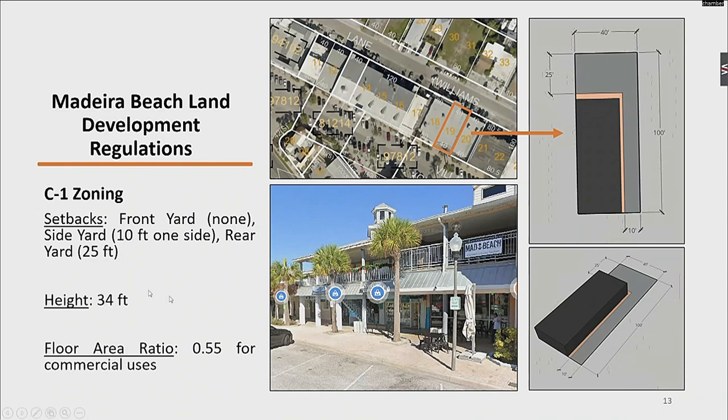The max height is 34 feet. In our Code of Ordinances, we measure the height from base flood elevation plus freeboard, which is called design flood elevation. That might be hard to grasp, so the easiest way to think of this is the second floor, where the second floor begins. That's where we really begin measuring that height. So 34 feet, from here, from that second story.